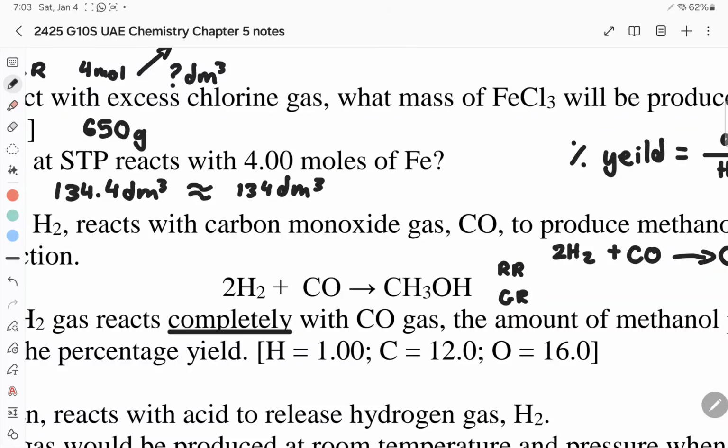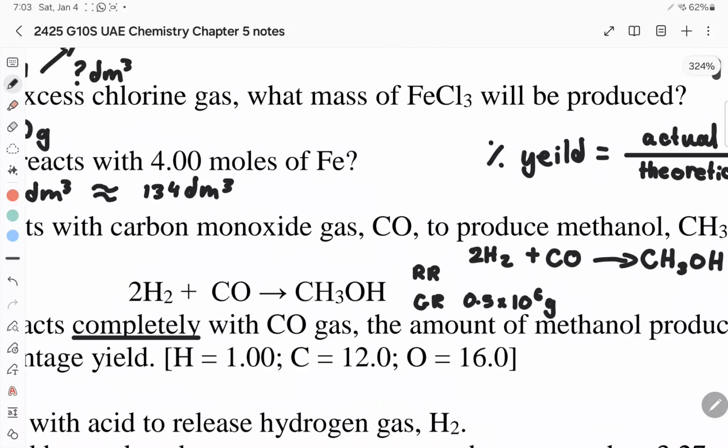We were given the mass of hydrogen used, which was 0.50 tons, which means 0.5 times 10 power 6, because you're making it grams. So 0.5 times 10 power 6 grams. And your reacting ratio was 2 times the mass of H2. H has a molar mass of 1.